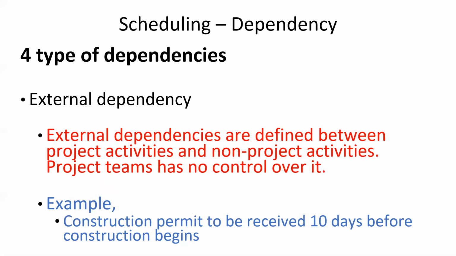Now, you have to submit the permit to the city, and that has to be done 10 days prior. Now it's actually built into your schedule. You have no control over that, but based on your experience, you know that it usually takes 10 days for the city to issue you a permit. So hence this is an external dependency, something that's not under your control, but it still needs to be accounted for in your schedule.